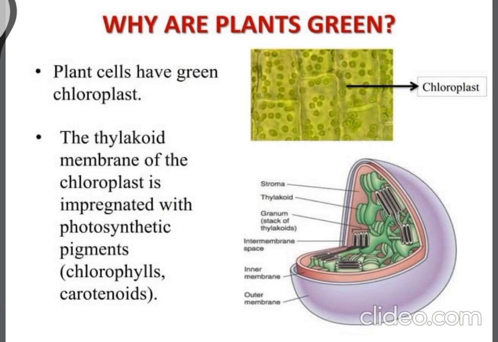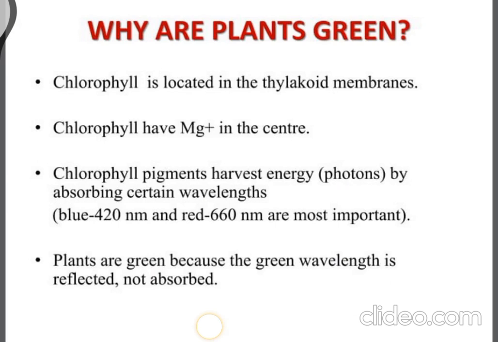Next, why are plants green? Plant cells have green chloroplasts. The thylakoid membrane of the chloroplast is impregnated with photosynthetic pigments, chlorophylls and carotenoids.